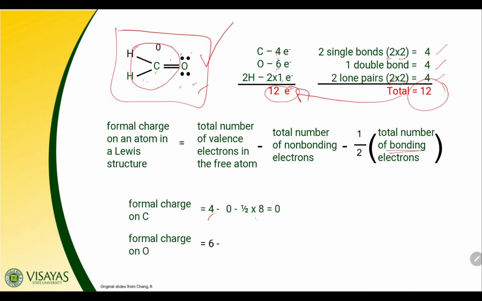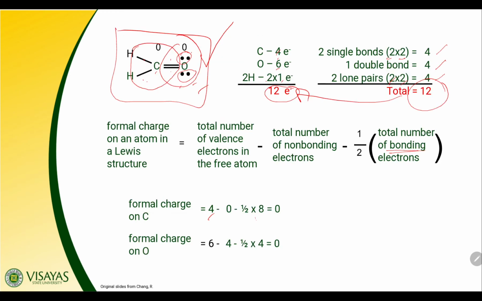For oxygen, we have 6 valence electrons minus, for the non-bonding electrons, 2 lone pairs or 4 electrons. Then, for the bonding electrons, we have 4. So 1/2 of 4 is 2. 6 minus 4 minus 2 is 0.